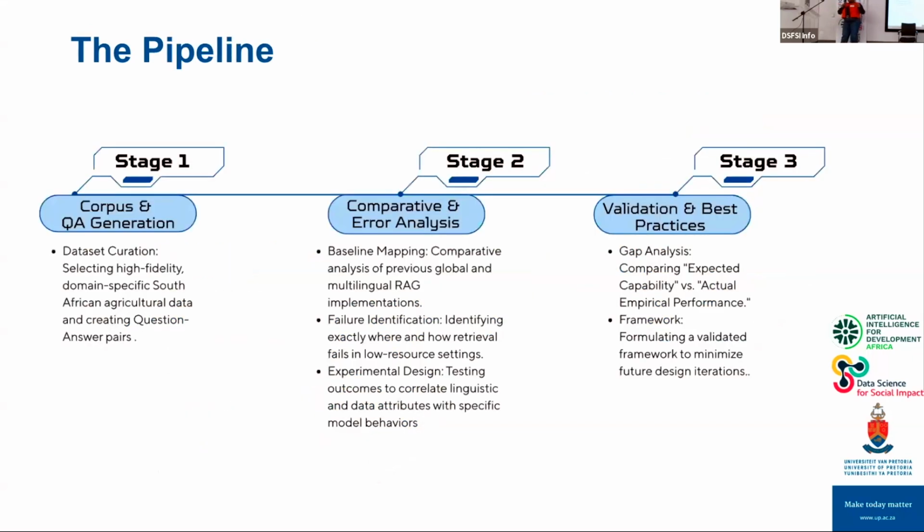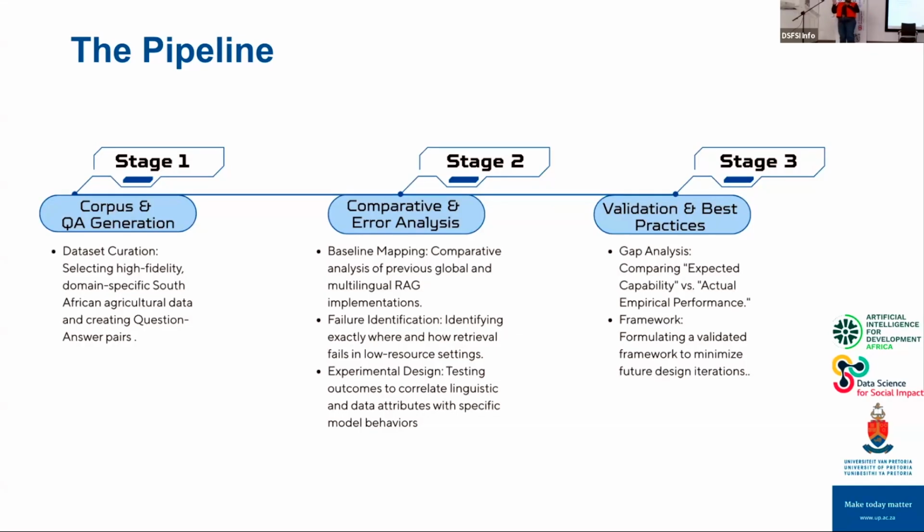Okay. So the research is basically in three stages right now. We have data, which is provided by Grain SA about farming, and that data is in five languages. Then we use that data to get question answer pairs. Afterwards, we perform comparative error analysis.